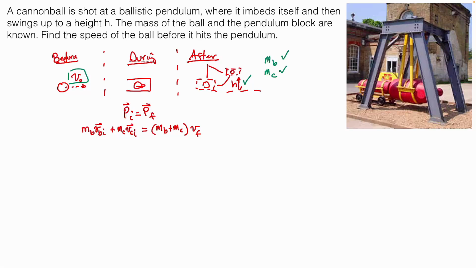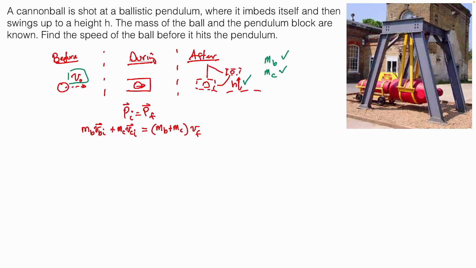If they're stuck together, what has to be true? They have the same final velocities, don't they? So if this velocity is the same velocity, could I factor it out? If I do that, I get the same thing, don't I?